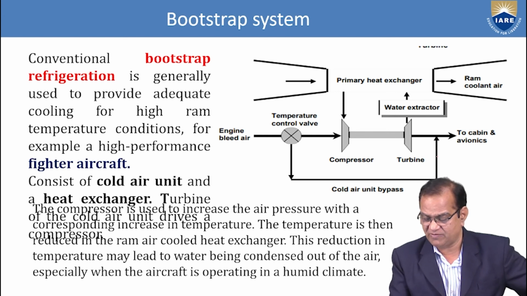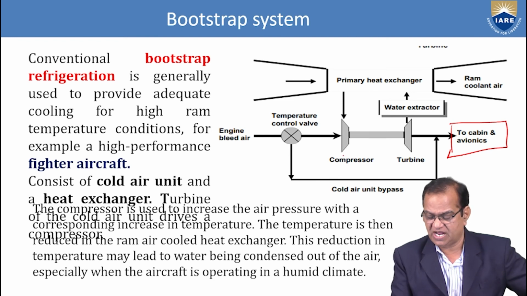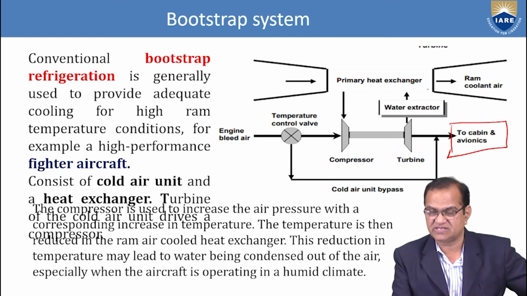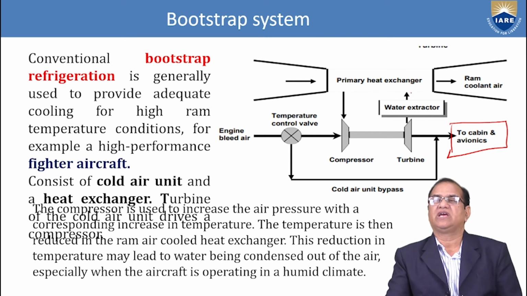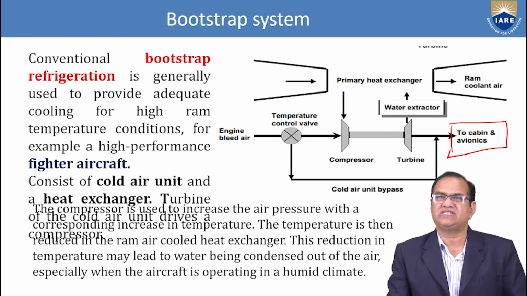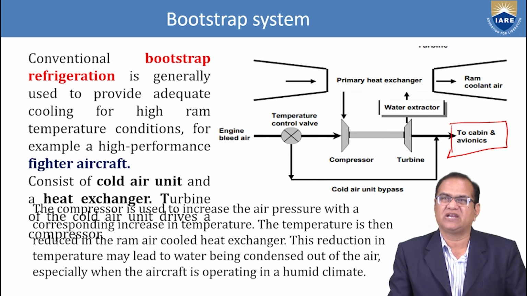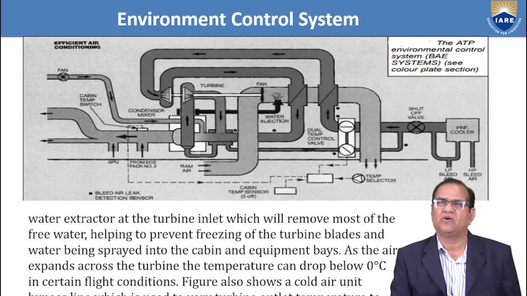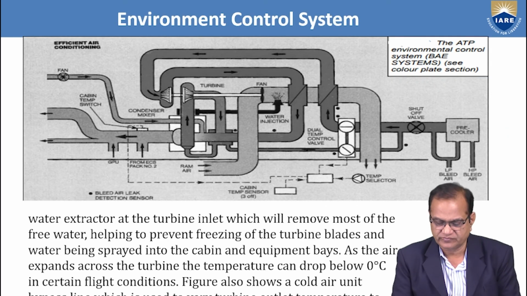As per the requirement, it goes to the avionics and other systems. So this is called the bootstrap. In this we have a compressor and a turbine, and also the primary heat exchanger used for heating and cooling. This is very compact and used for high performance fighter aircraft. This type of system is used.